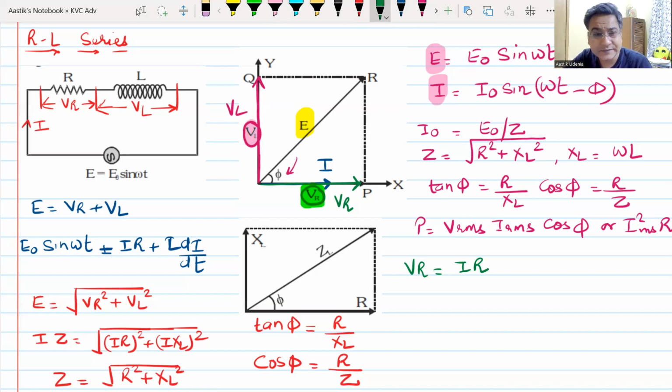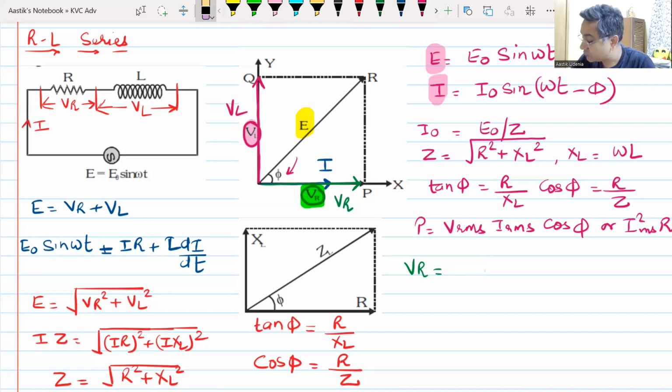Whenever we are doing this I multiplied by R, you must also look at its phase. This voltage VR is in the same phase as the current. Now you can write the value of VR.